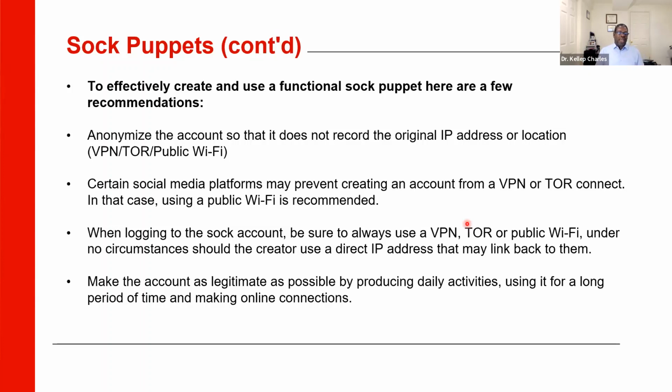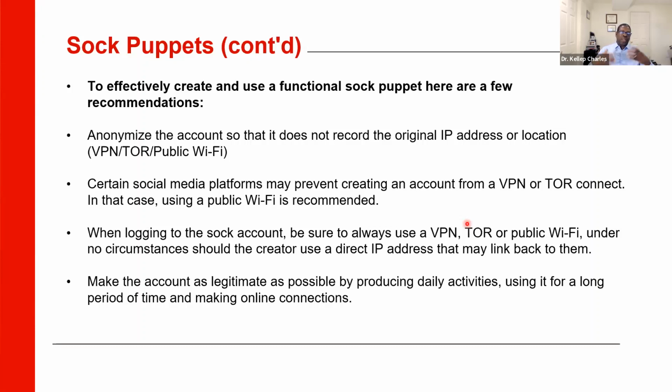Certain platforms like Facebook won't allow you to create a user account via VPN or Tor without providing some sort of notification that this account was created using a masked IP address. So in that particular case, using a public Wi-Fi is highly recommended.